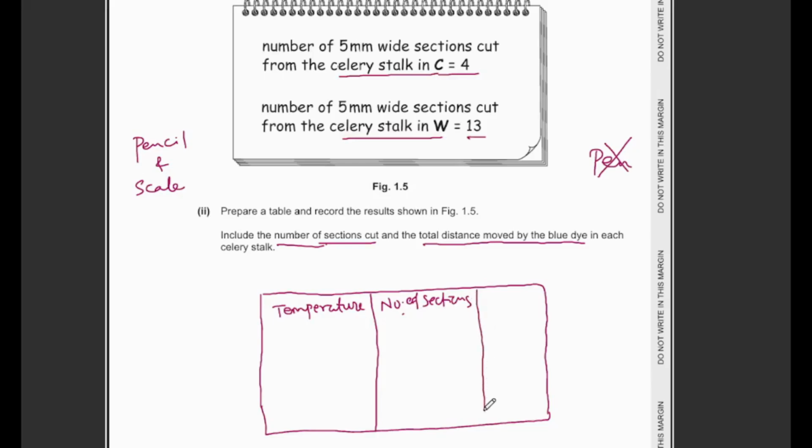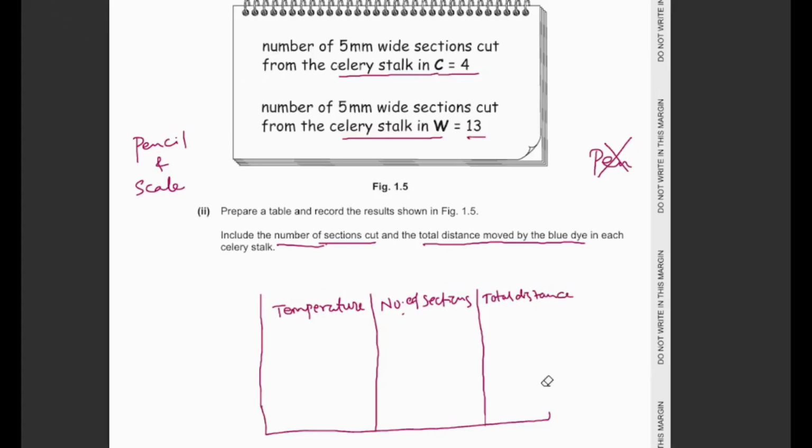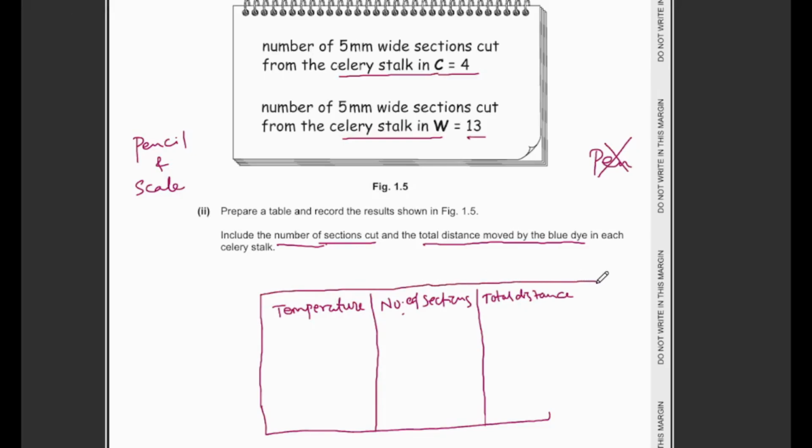The last one that we have is total distance. Total distance moved by the dye, in mm.